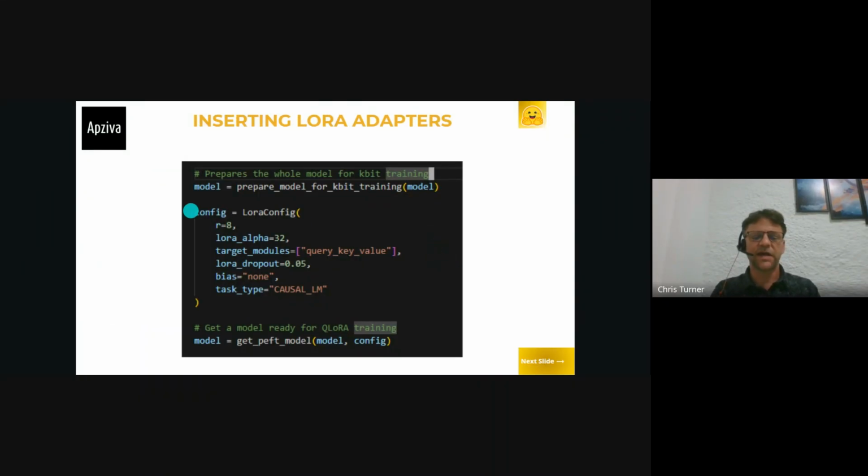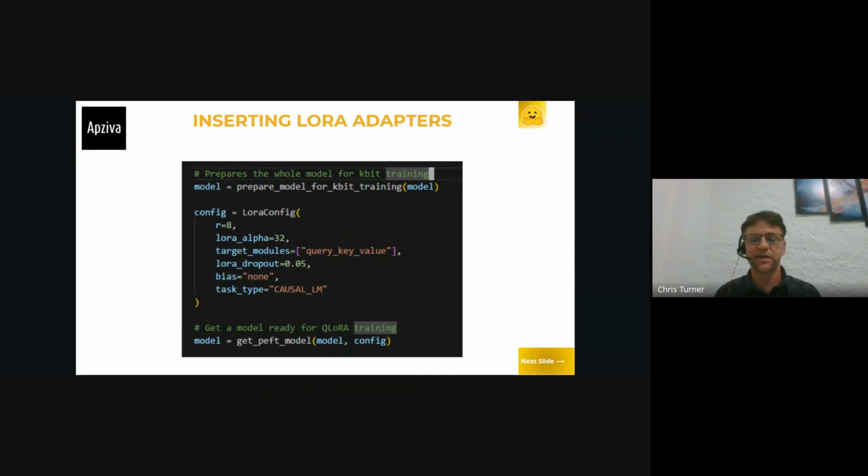And so now we have this model on our machine. We've taken this model from Hugging Face and we've quantized it into this 4-bit normal float structure. And now we have it on our machine, but we haven't yet put in these LoRA adapters that we're going to train. And so to do that, we first need to use this prepare model for k-bit training function.